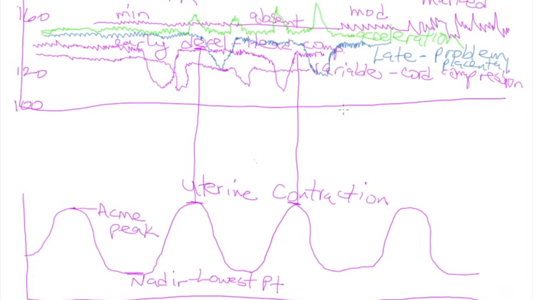I'm going to teach you a mnemonic here. VEAL CHOP is what I'm going to teach you. V stands for variable. When you have variable decelerations, it's due to cord compression, most likely.